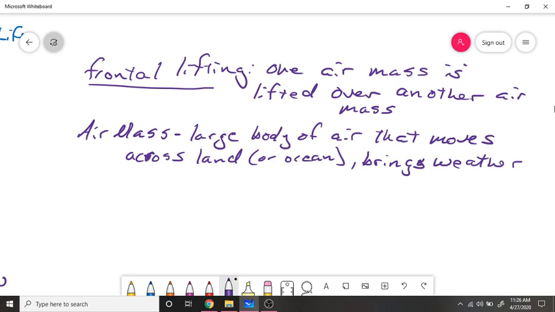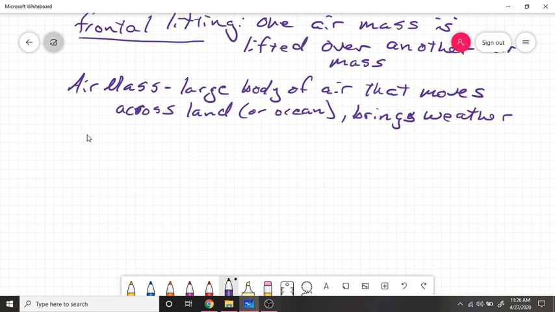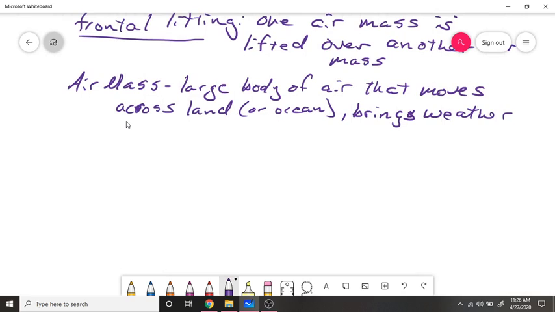Now, what type of air mass is in place kind of depends on where the air mass originated. A cold front is an air mass of dense, dry air with cold temperatures.